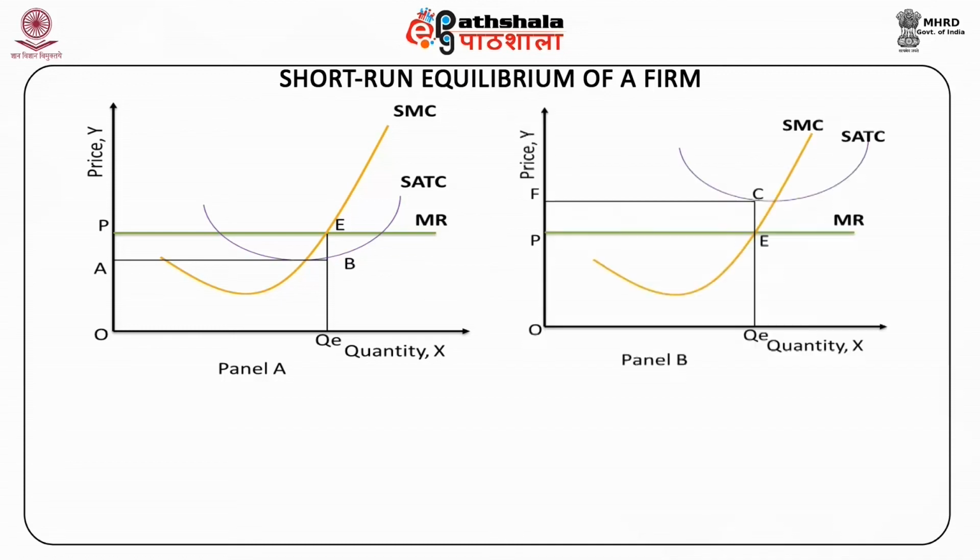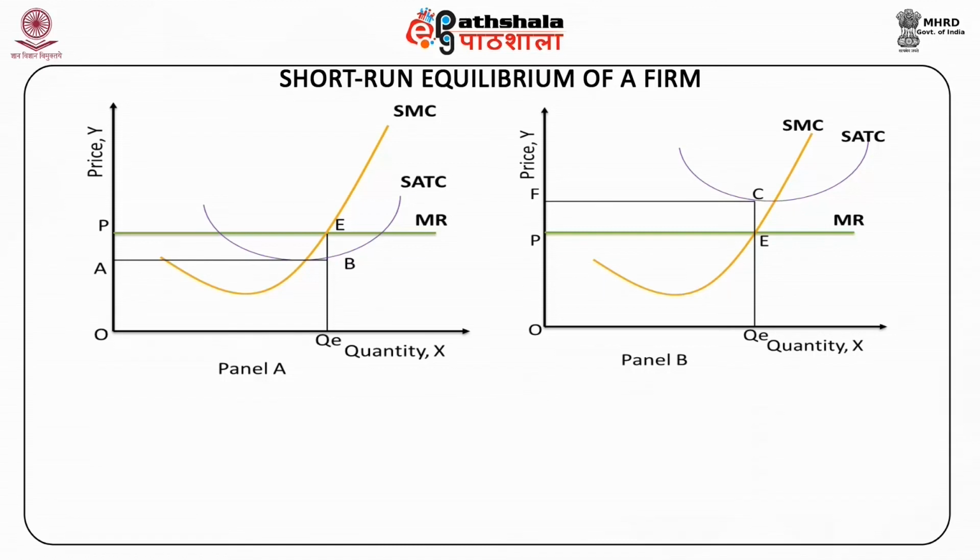Similarly, in panel B of the diagram, we can show the scenario in which the firm may incur losses. If the short-run average total cost falls above the price shown in the figure, the firm makes a loss equal to the area FPEC.